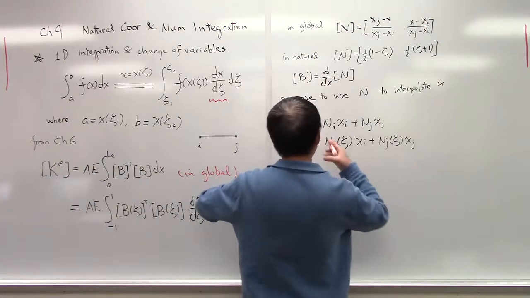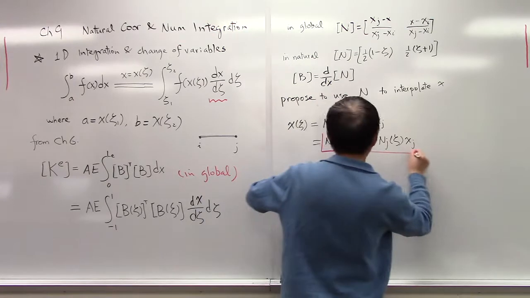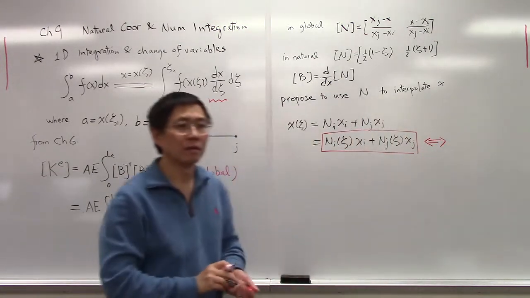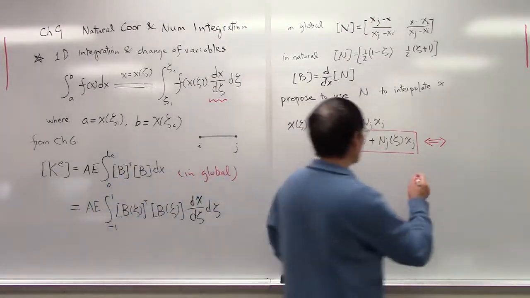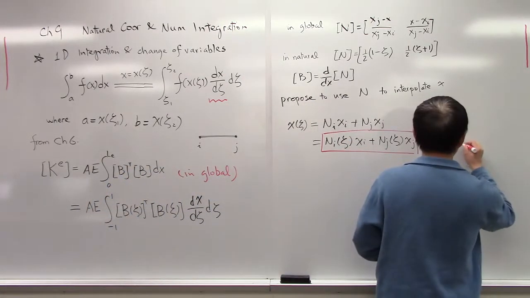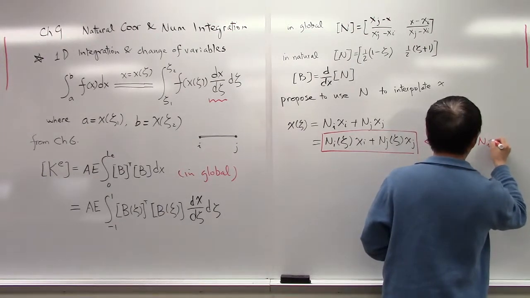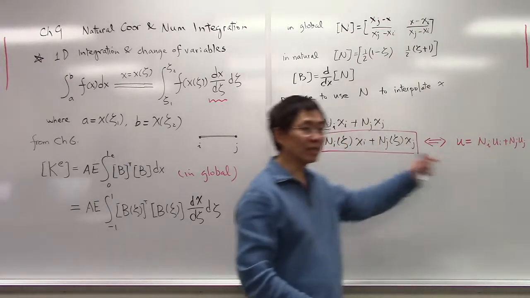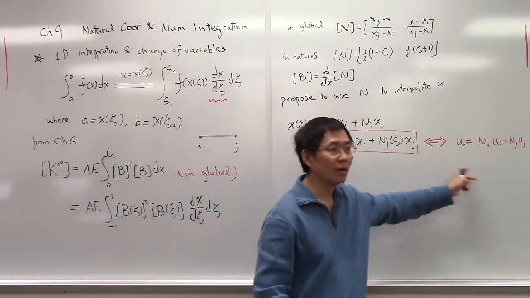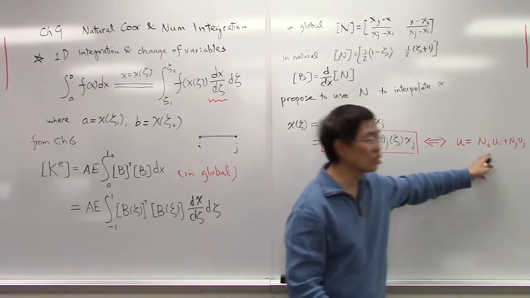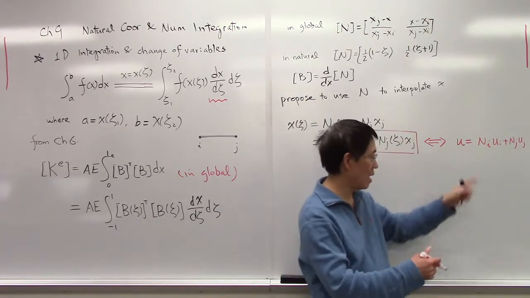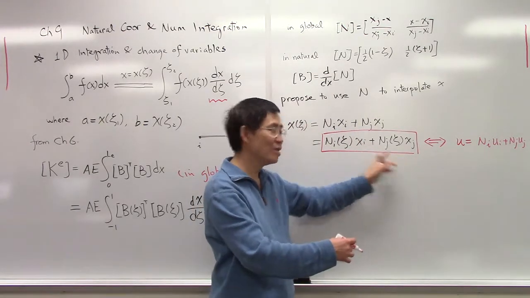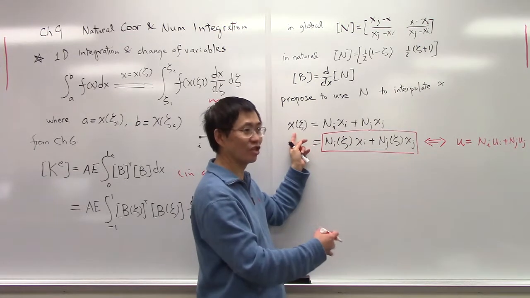And if you look at this and compare that with the displacement interpolation function, which is u is equal to Ni ui plus Nj uj, you can see it's the same kind of formula. This is an interpolation from the nodal displacement to a generic displacement. This is the interpolation of the nodal position to a generic point position.